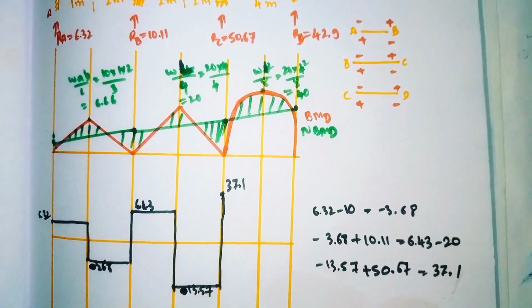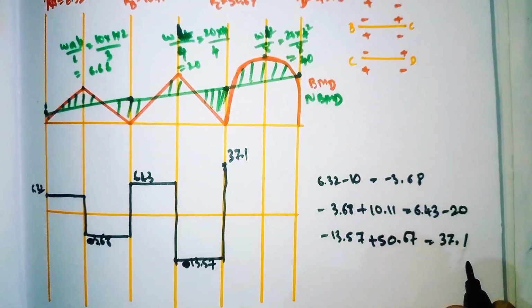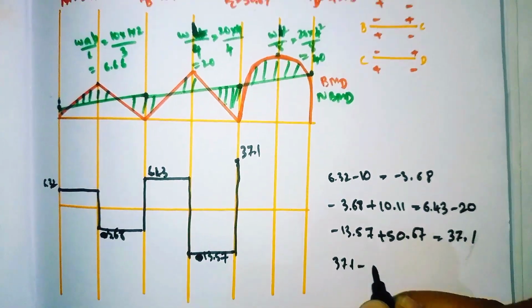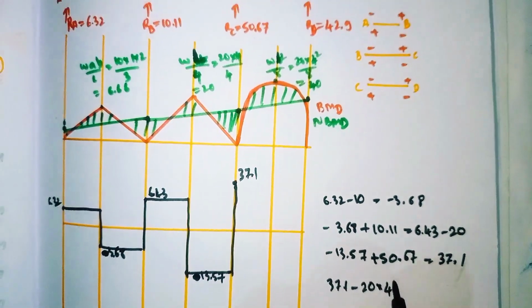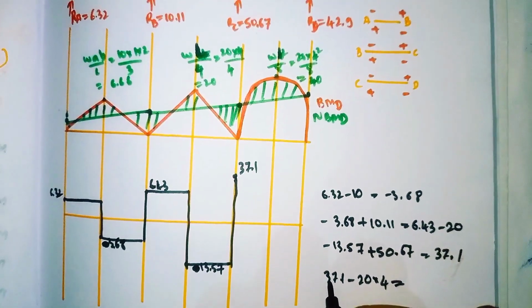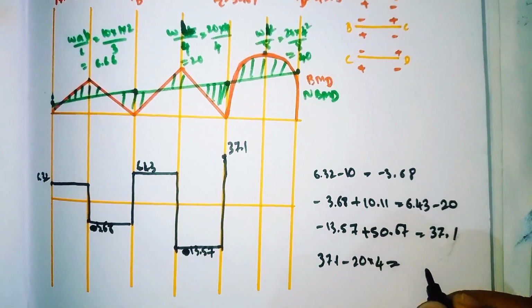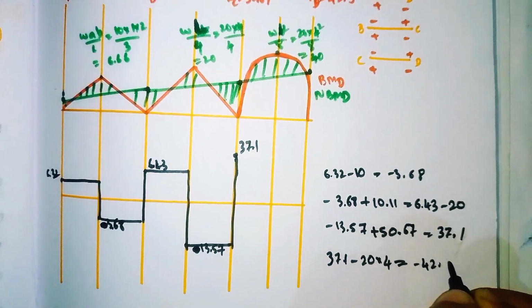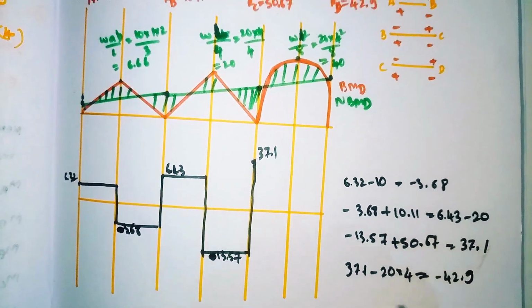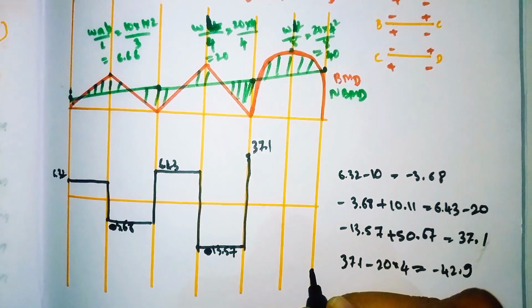So now 37.1 minus 20 into 4, since the UDL is acting over a distance of 4. We need to subtract this. It will come out as minus 42.9. Minus 42.9 means it will come down here.